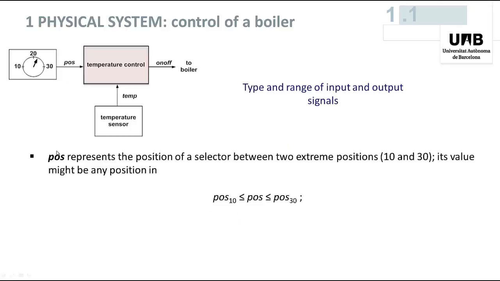Which are the type and the range of the input and output signals? The signal position represents the selector position between two extreme values, for example, between 10 and 30 Celsius degrees, so that its range of values is this one, any value between 10 and 30.